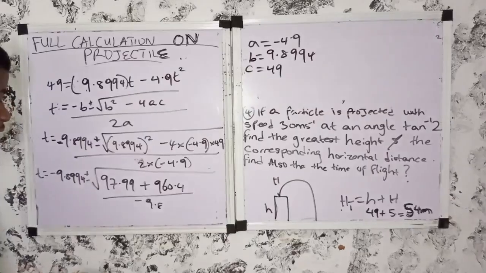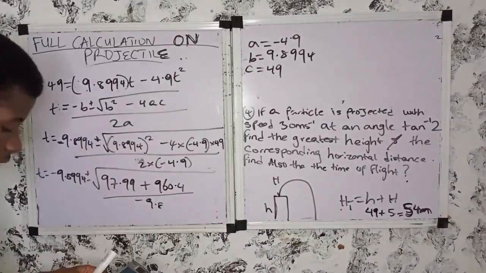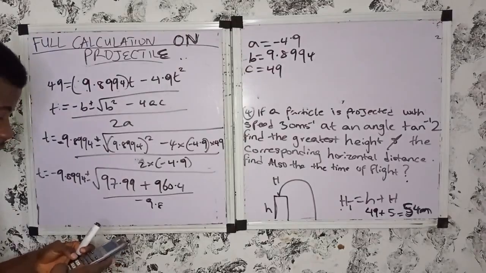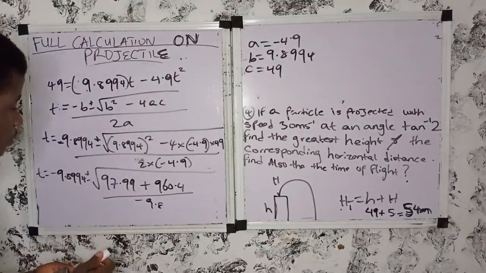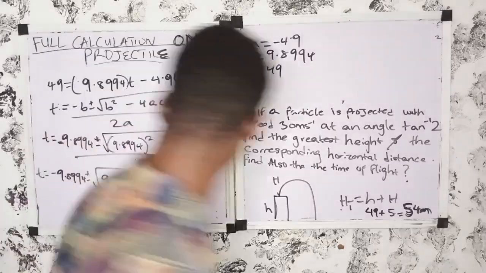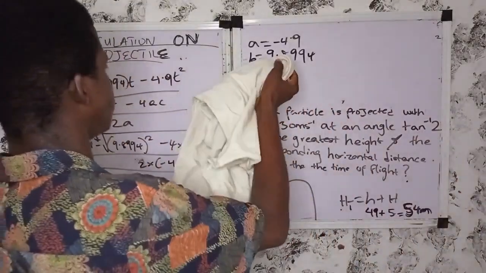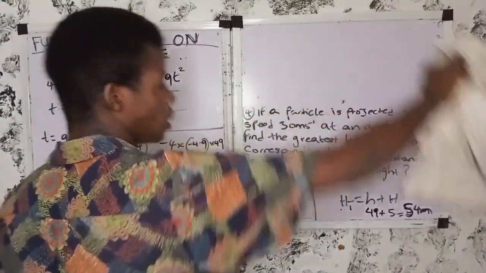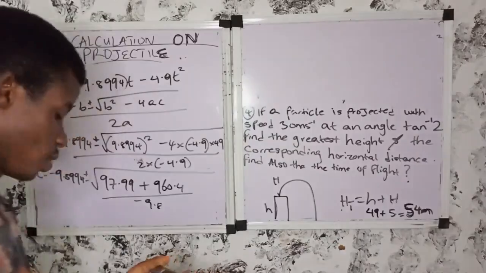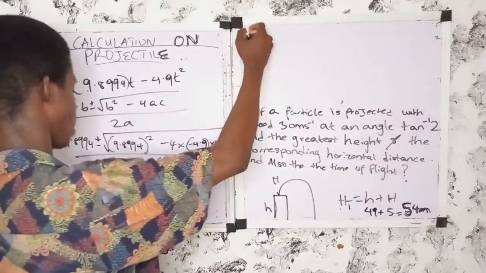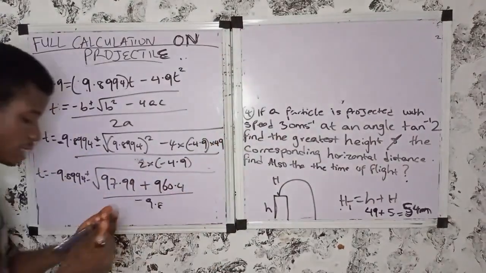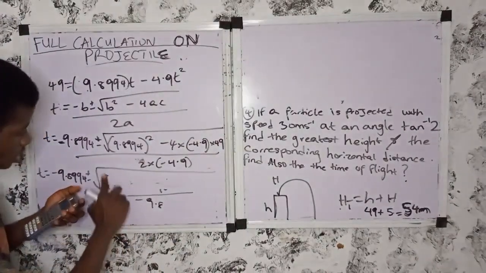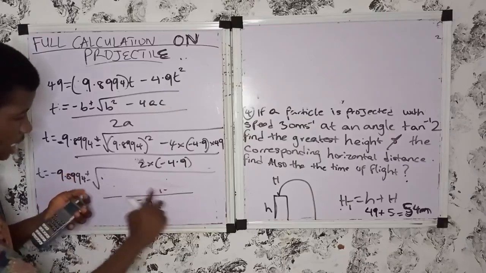If we add 97.99 plus 960.4, we get 1058.39.